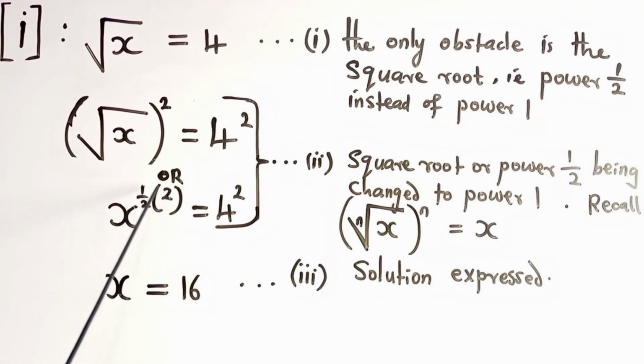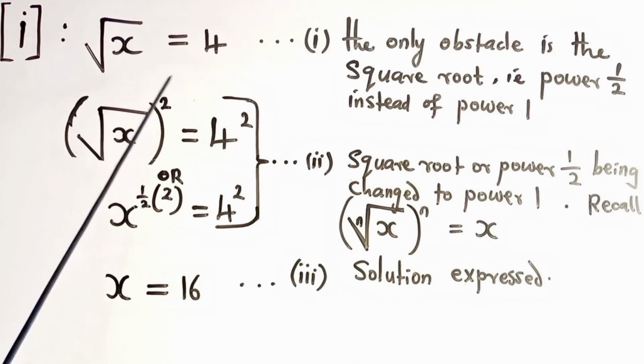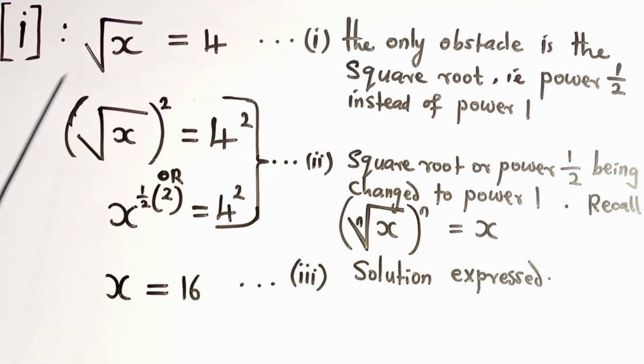Again, 2 was introduced. It was not there in the beginning. Neither was this also in the beginning. We can introduce anything to the equation as long as that is going to help us achieve our goal. If multiplying is what we need to achieve our goal, we multiply.